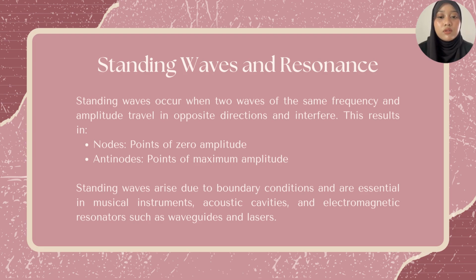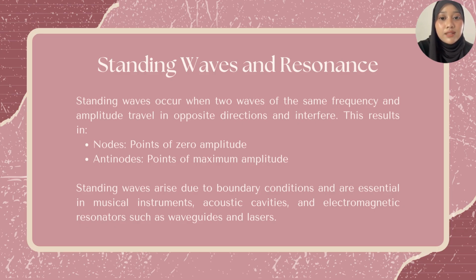Next, we move on to standing waves and resonance. Standing waves occur when two waves of the same frequency and amplitude travel in opposite directions and interfere with each other. This commonly happens when an incident wave reflects from a boundary, such as a fixed or free end. With this interference, a stationary wave pattern is formed. A node is a point where the amplitude is zero because of destructive interference, while an antinode is a point of maximum amplitude caused by constructive interference.